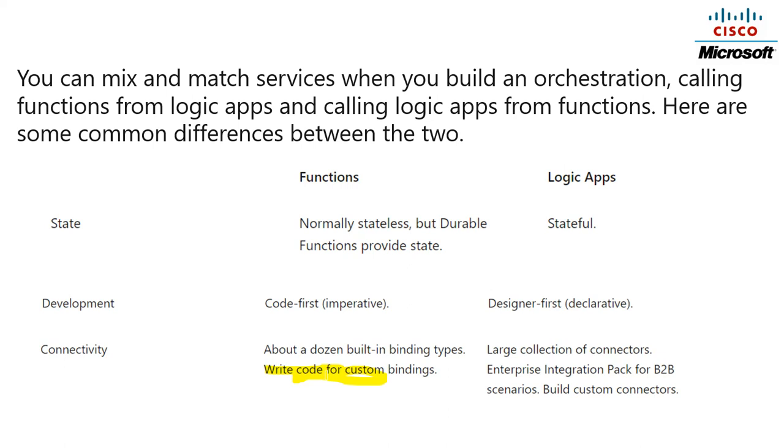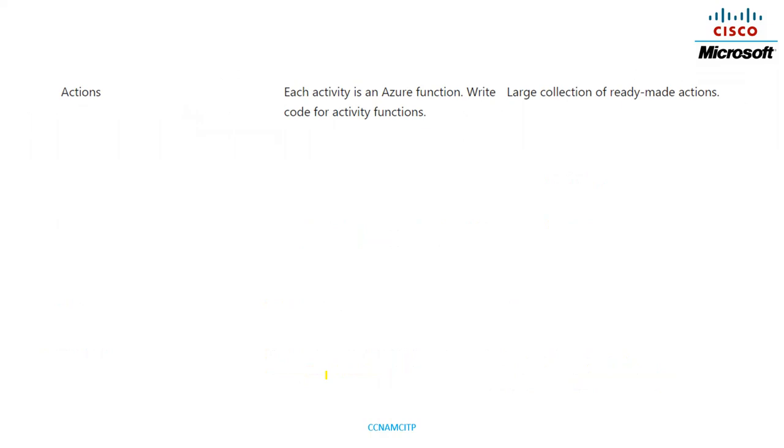Let's move to the next difference. The next one is actions. In functions, each activity is an Azure function, so you write code for activity functions. And for logic apps, there is a large collection of ready-made actions.